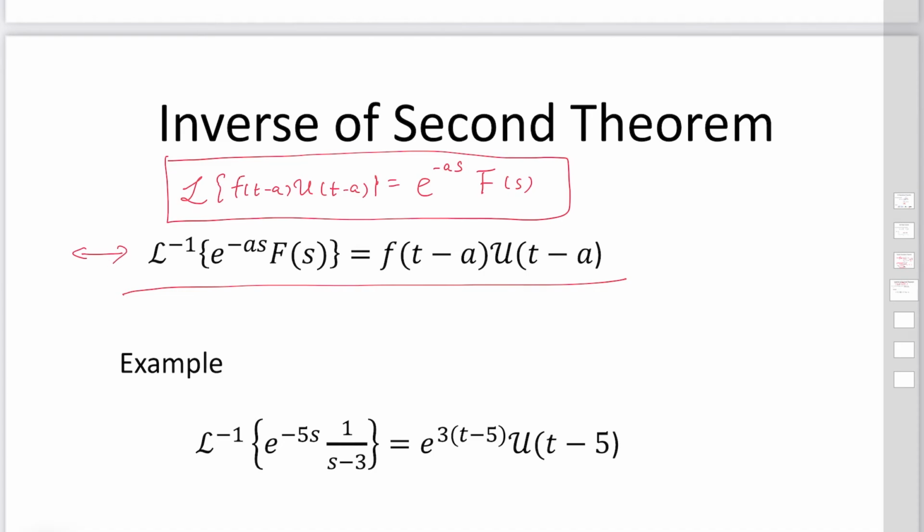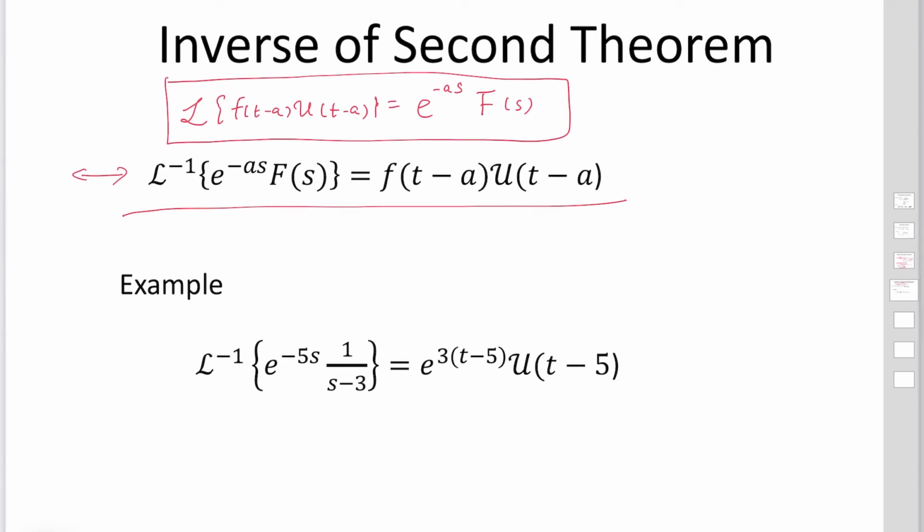Okay, example. If you consider a equal 5, and the Laplace transform of f is 1 over s minus 3. Then from these equations, f(t) is the inverse Laplace transform of F(s). This is equal to e^(3t).